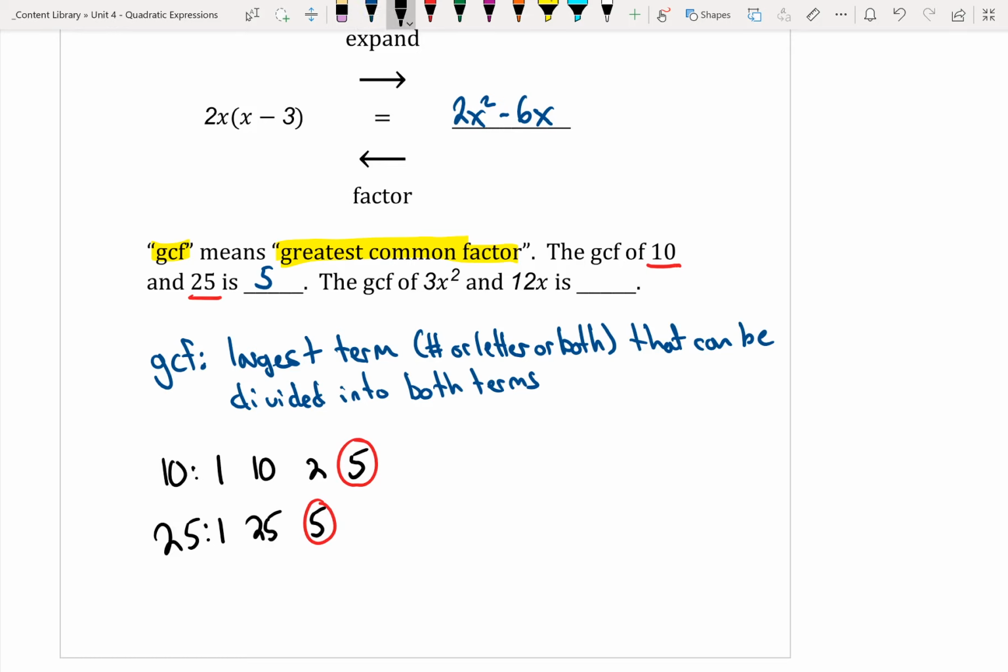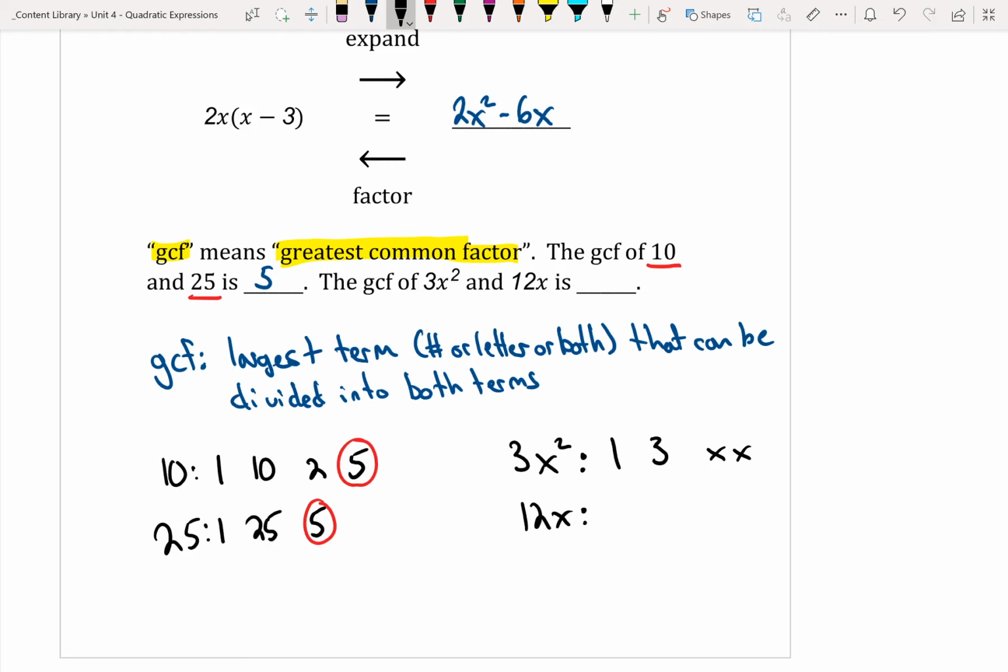So in the second example, 3x squared and 12x. Here we have to think a little differently because we have a variable as well, or a letter. So I'm going to look at the numbers first. So the only way I can multiply 3 is 1 and 3. And then I have 2 x's to worry about for the x squared.